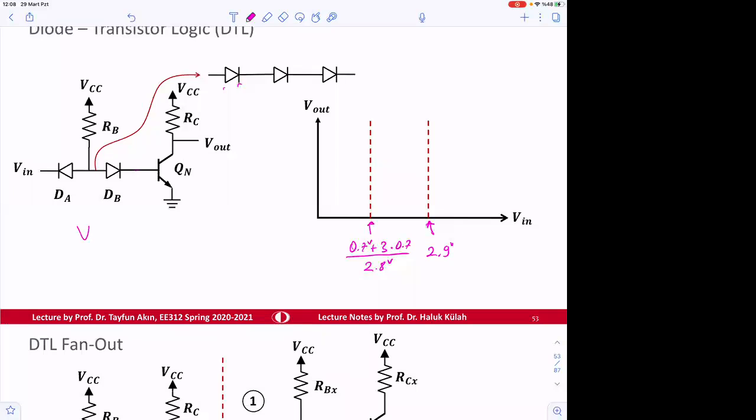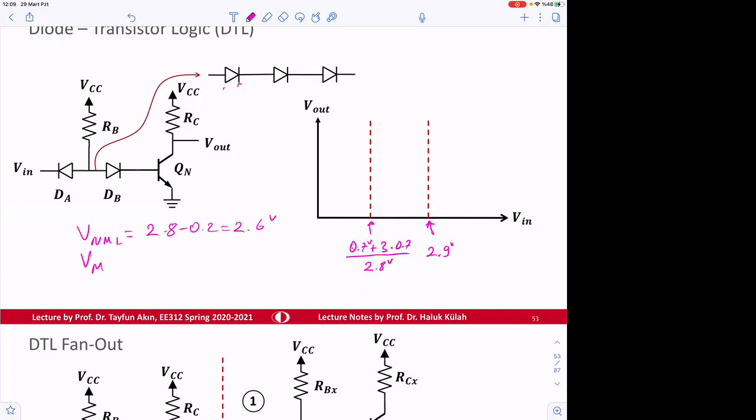So noise margin low is going to be 2.8 minus 0.2, which is 2.6 volts.